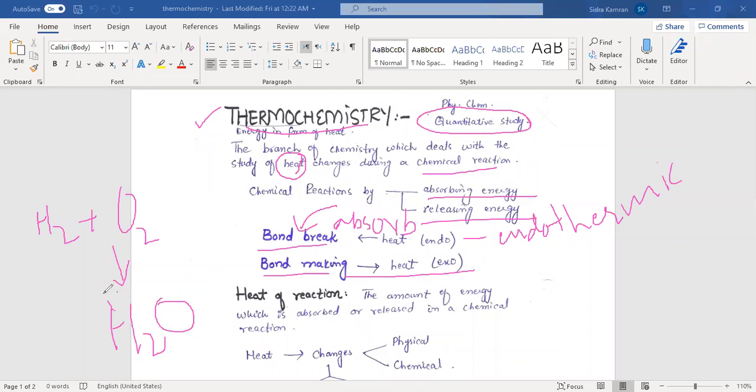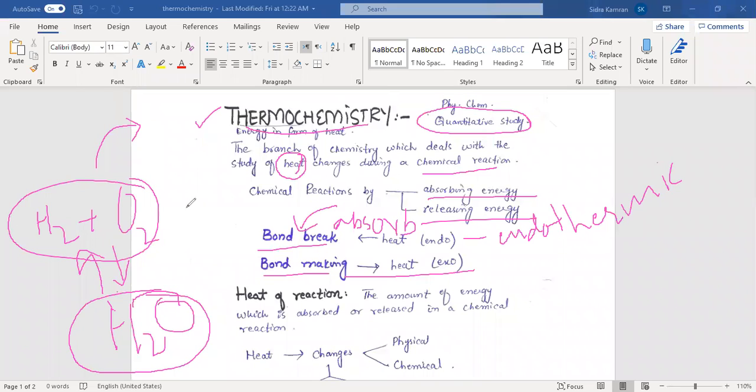If I do the reverse of this reaction, from water to hydrogen gas and oxygen gas, I am breaking this bond. If you are breaking the bond, then energy will be absorbed. And if you are making the bond, energy will be released from the system.